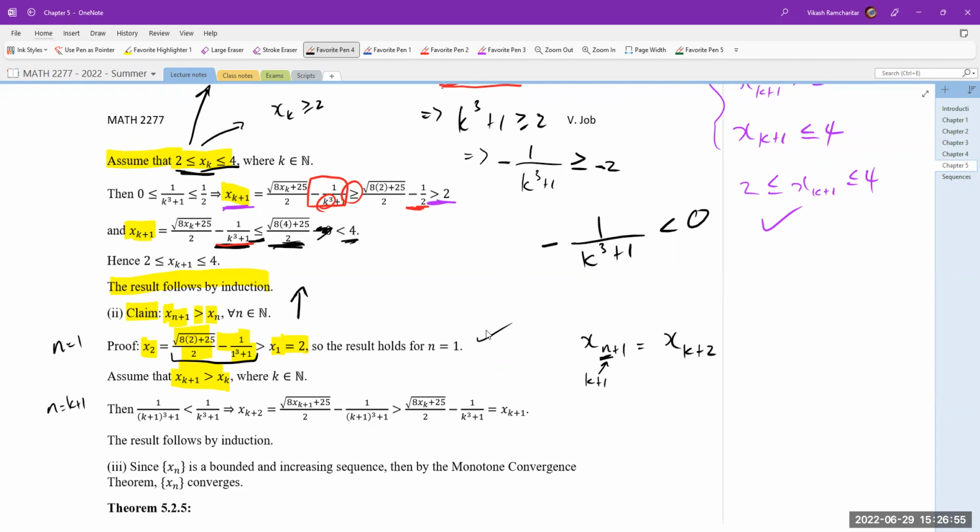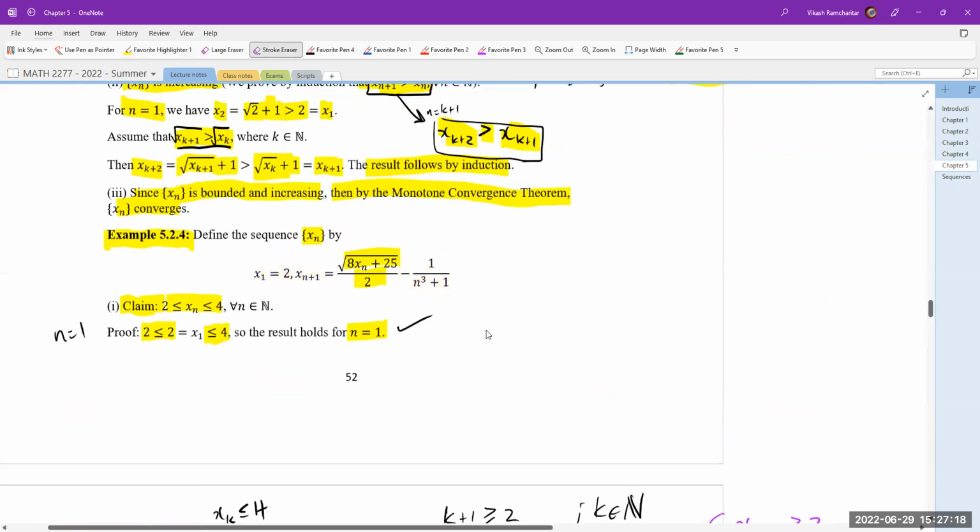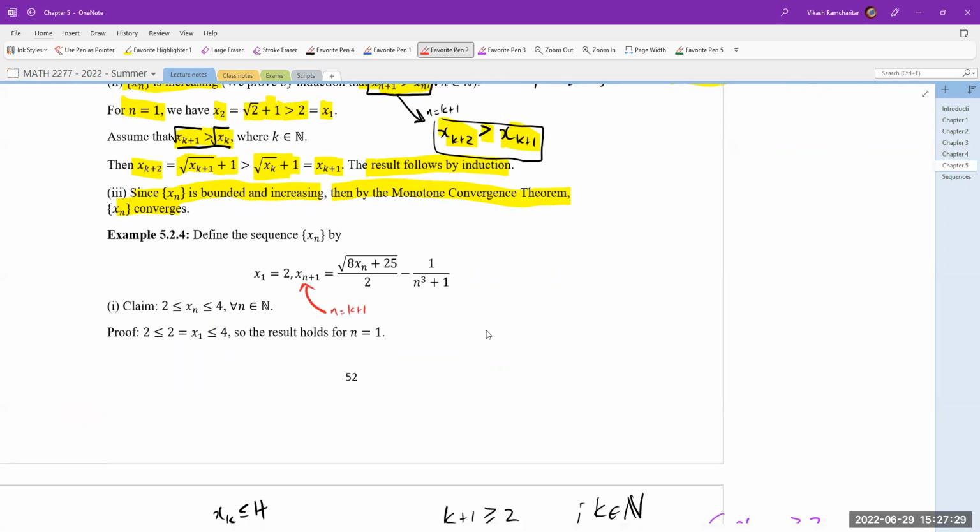In case you're wondering why, if we need to show it's true for the case where n is equal to k plus 1, we are considering x(k+2): when we take n equal to k plus 1 and substitute it into our recursive formula, this doesn't give me x(k+1).